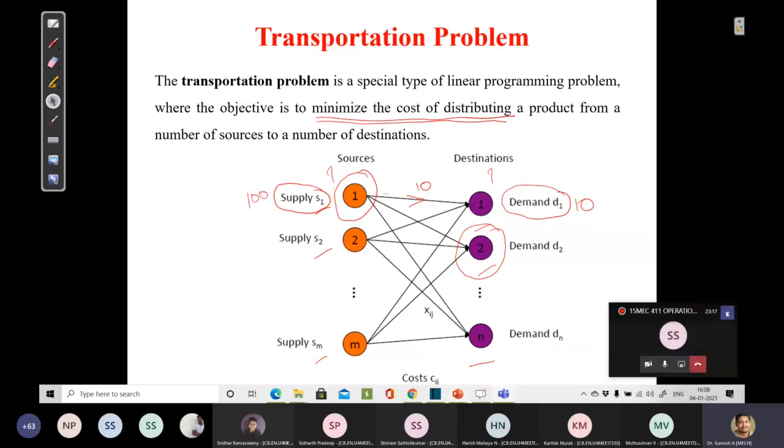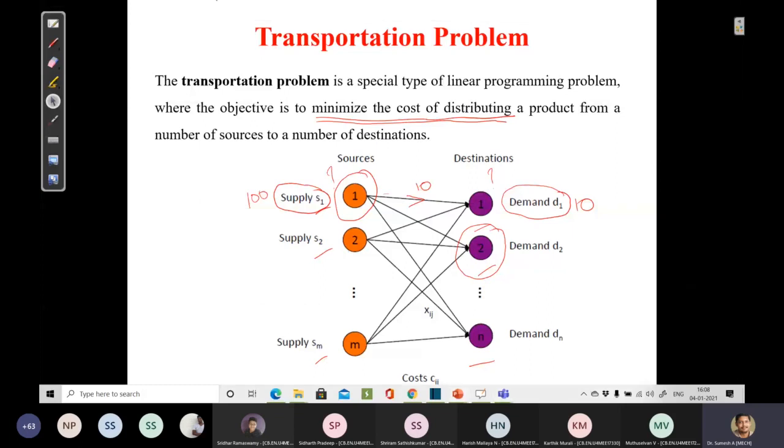The requirement is only 10, so only 10 units need to be supplied from here. The plant is producing 100 units, so the remaining 90 can be fed to various other destinations at a higher cost. Likewise, you have to see the supply and demand conditions, and supply and demand have to be met completely in the case of the transportation problem.